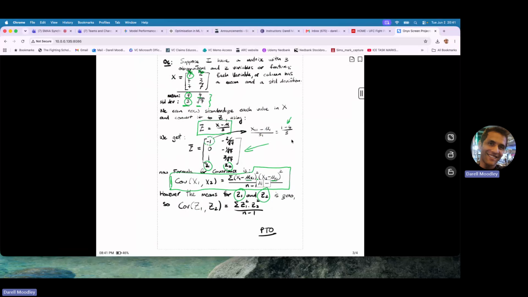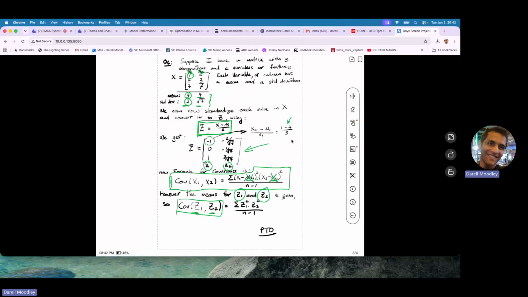So when you use this formula to get the equivalent z score, the mean of the z score is now going to be 0. Because of that, when you're doing the covariance matrix for z1 and z2, the mean drops off because it's 0. So you just have z1 times z2.